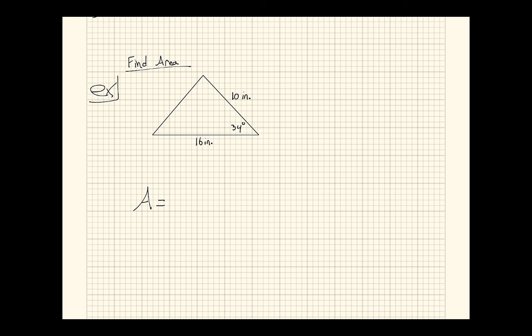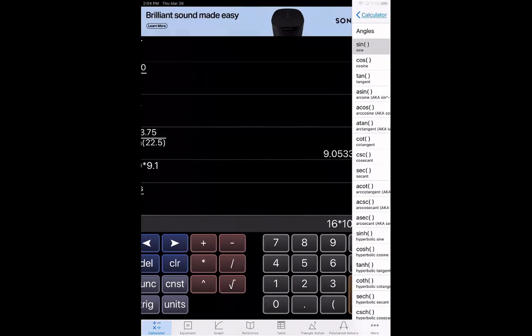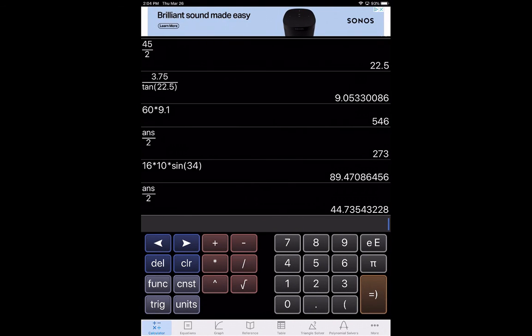So we should have 1/2 times 16 times 10 times the sine of 34. Okay, and really that's all we need to do. So let's go to our calculator. 16 times 10 times the sine of 34, and then divide that answer by 2.